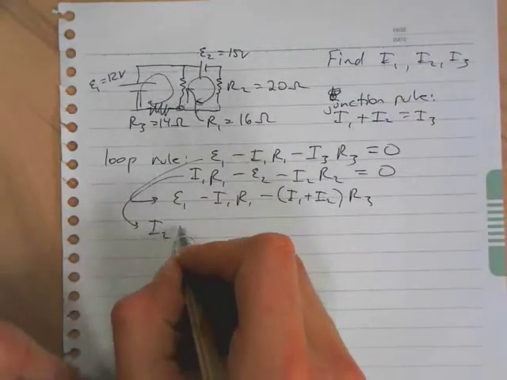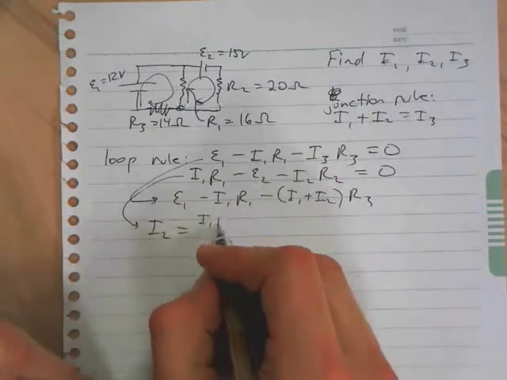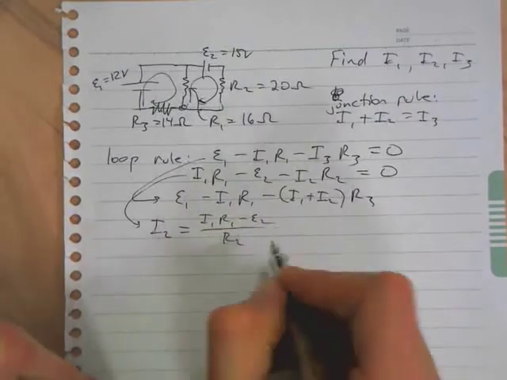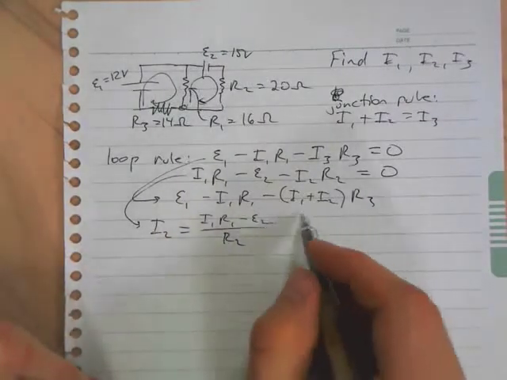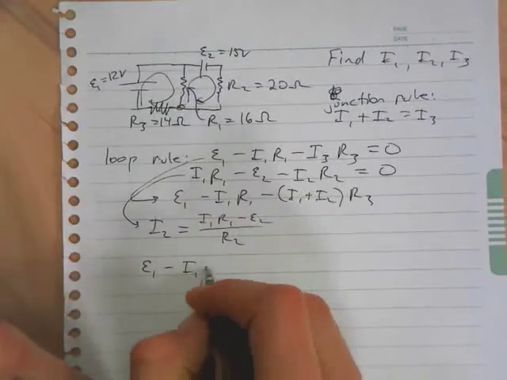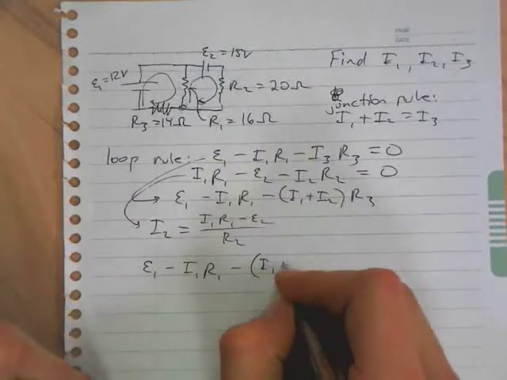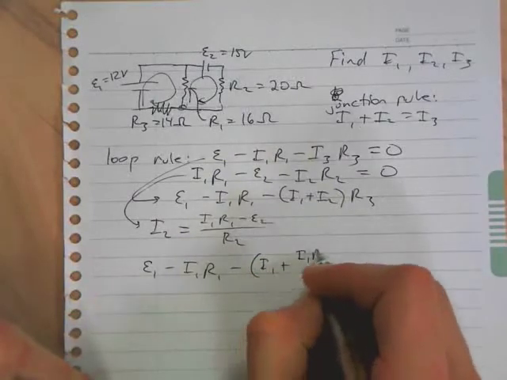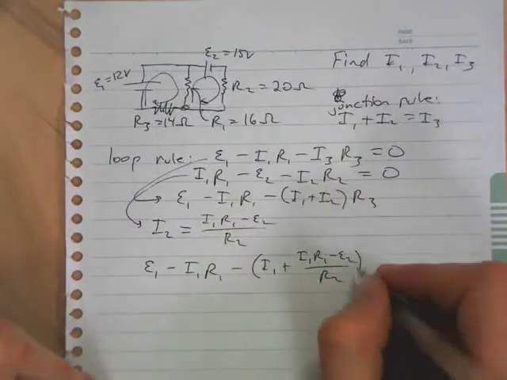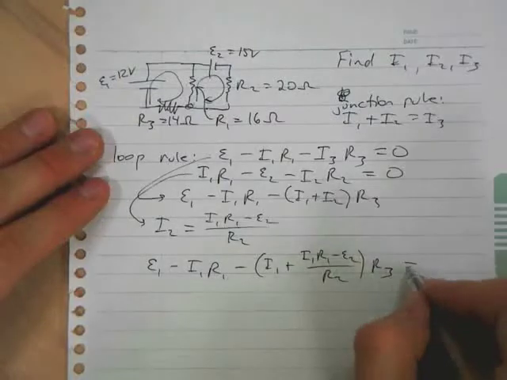I2 here would be, if we add this over, divide by R2, just I1, R1 minus E2 over R2. So then combining them, we get E1 minus I1, R1 minus (I1 plus I1, R1 minus E2 over R2) times R3 equals 0.